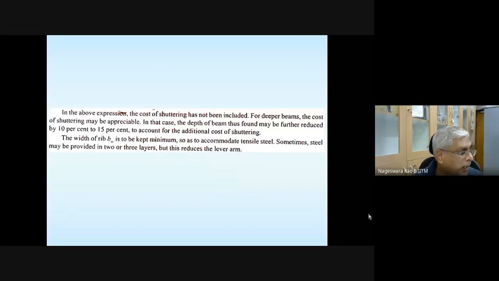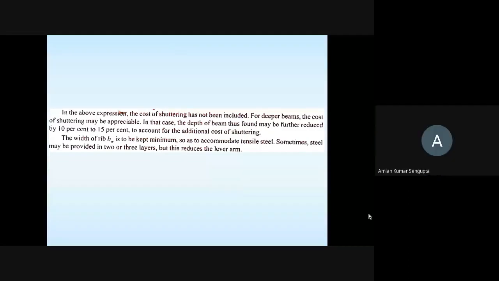Professor Amlan, you want to add something? See, I think you have already mentioned it. See, in concrete, the construction is very important. The reason is this construction is done in the site. Most of the time, the concrete is cast in the site, and hence the cost of this mold. The mold is also called formwork, and including the support for the formwork, it is called shuttering.